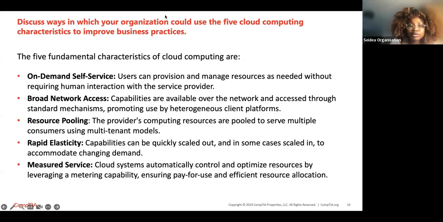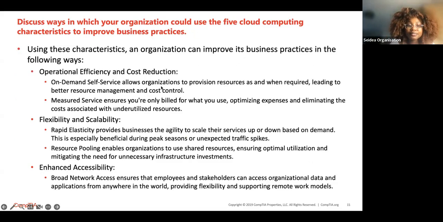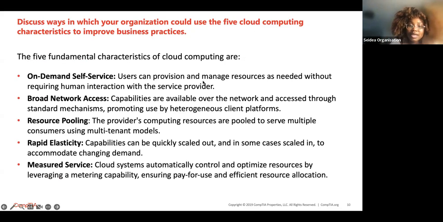The idea of resource pooling, which has to do with the provider's computing resources, which are pooled from different consumers using multi-tenant models, and rapid elasticity, which deals with capability which can be quickly scaled out, which I think was mentioned by Dio, and in some cases scaled in to accommodate the different change in demands.